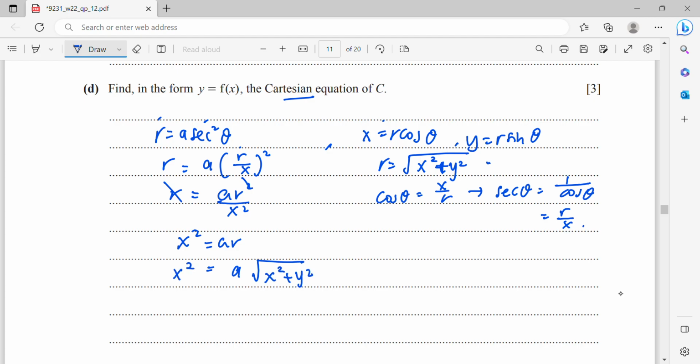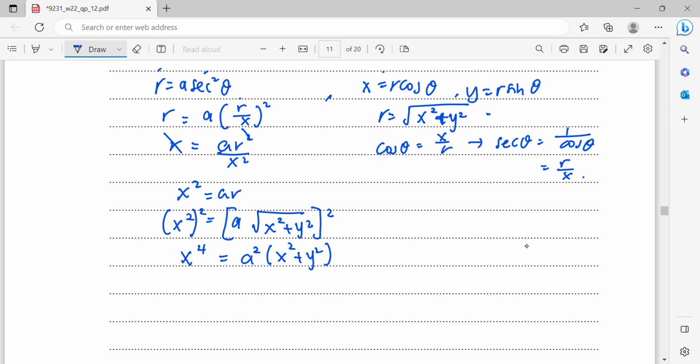To eliminate the square root, because we need to get the Cartesian equation, you may square both sides. So x to the power 4 is a squared bracket x squared plus y squared. Then you may get y as the subject now. So a squared x squared plus a squared y squared is x to the power 4.